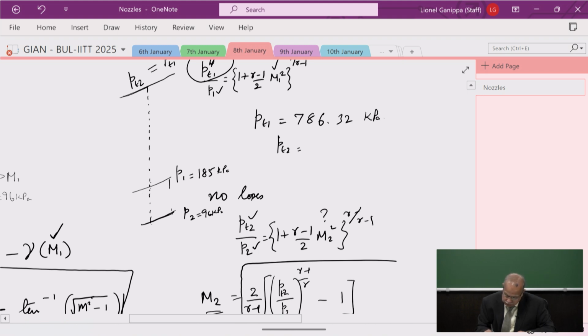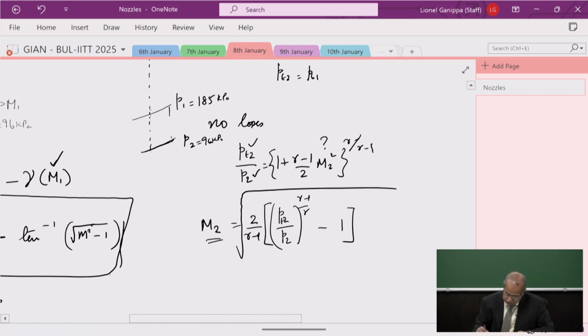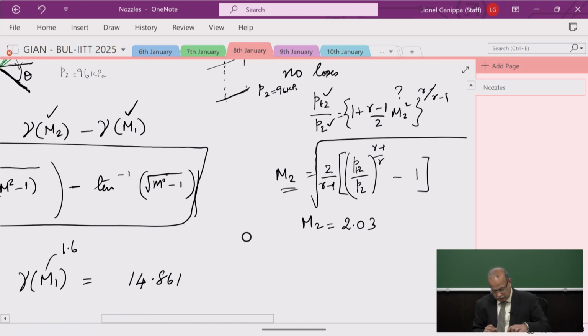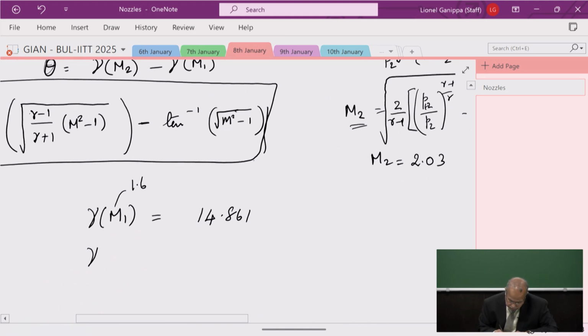So PT2 is equal to PT1, and then just rearrange this and find the value for M2. 2.03. Once you have the value, find the Prandtl-Meyer angle for M2, which is 2.03: 27.20.